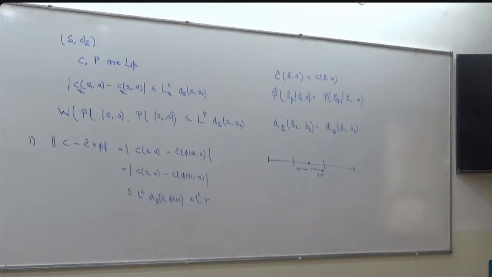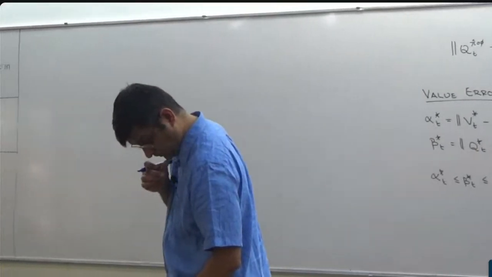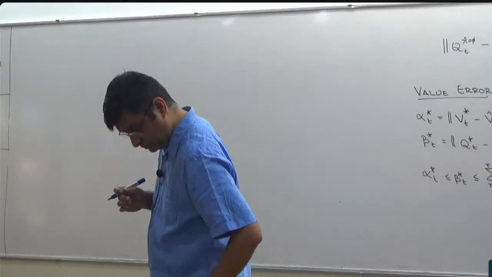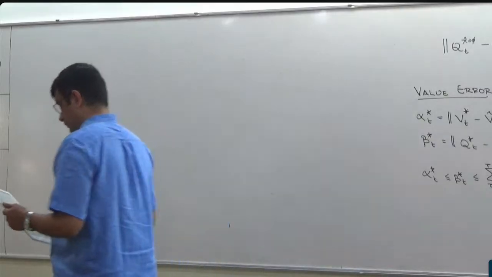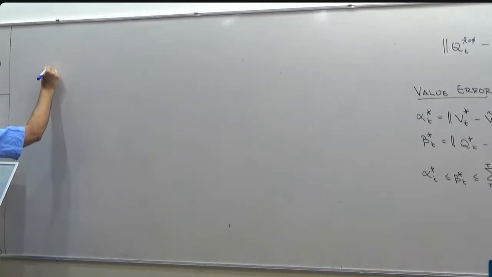Let's look at delta t now. For the delta bound, I have to look at P phi t.